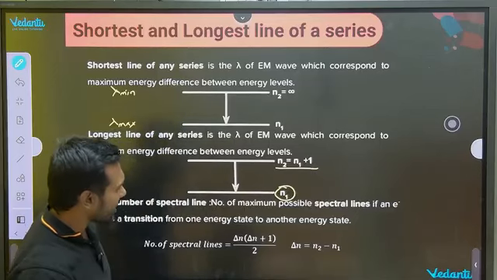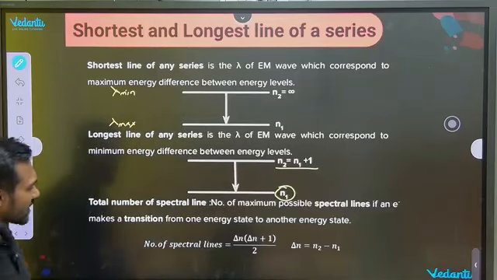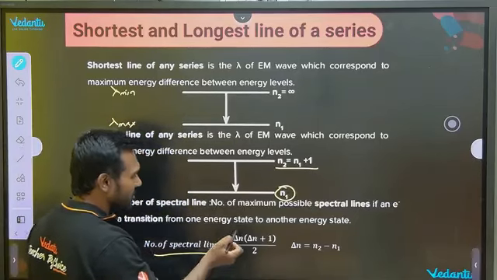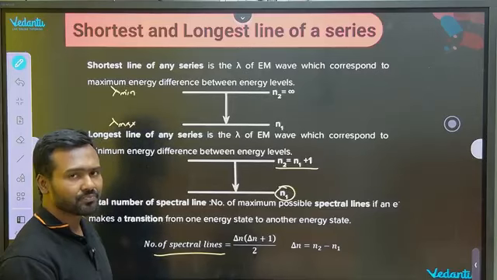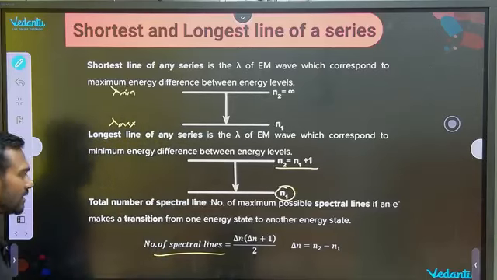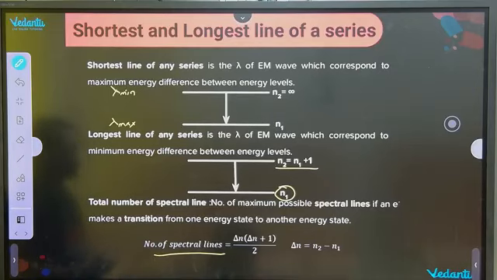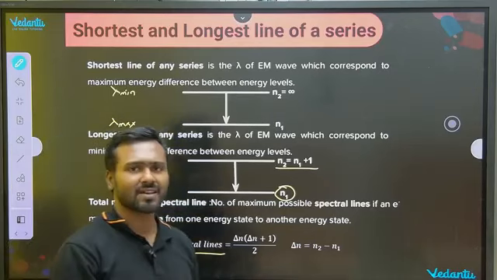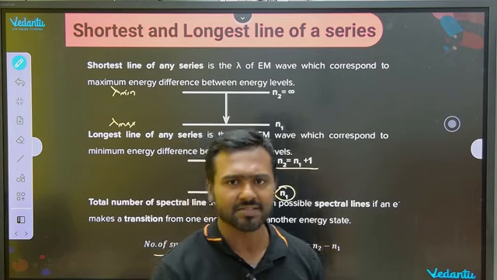The total number of spectral lines equals delta n into (delta n plus 1) by 2. This is also a question they have previously asked: how many total spectral lines. Fine.